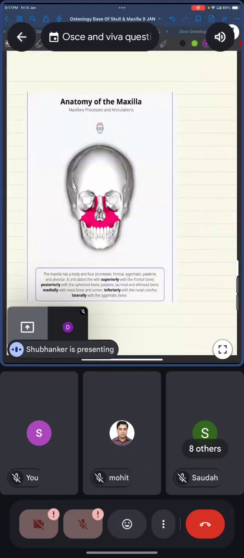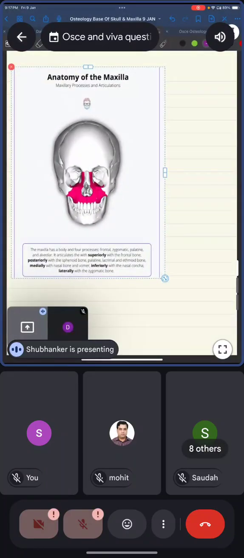Now coming to the second bone, that is the maxilla. Okay, so guys, I'll take you through the OSCEs and the questions that are expected of you as an ENT surgeon. But a few of you who would be interested in the hard bone anatomy, like what are the surfaces, processes, borders, that section, I'll share a link of a video from Dr. Virendra Kadian.